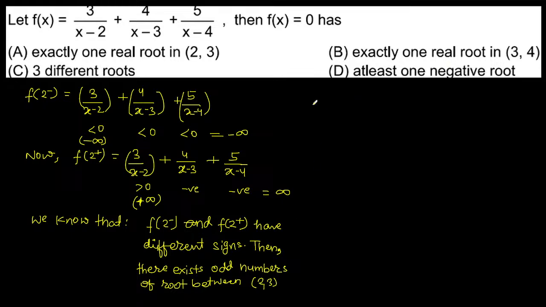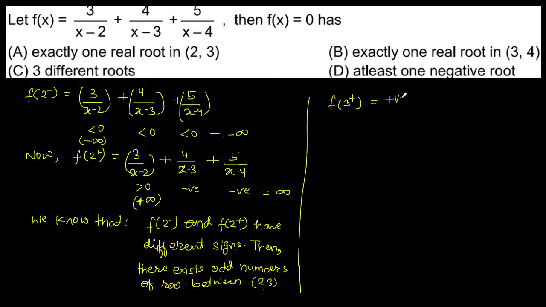Similarly, when we do f(3 plus), so exactly one root lying between 2 and 3. f(3 minus) is negative. f(3 plus) is what?